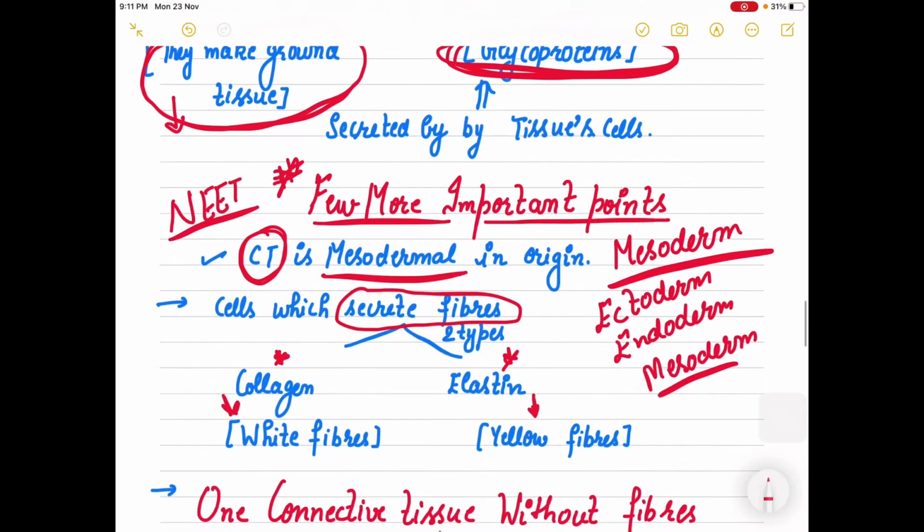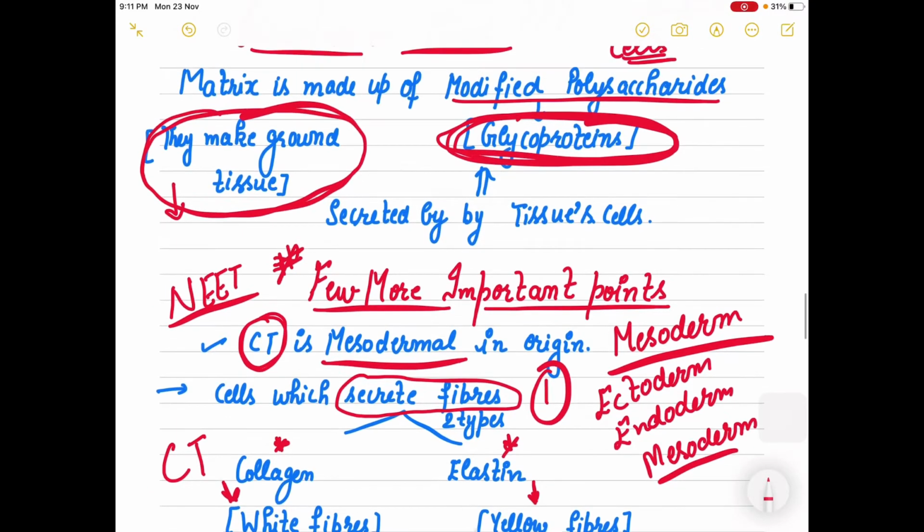So there are cells in connective tissue which secrete fibers, and there are cells which secrete glycoproteins, which make the ground substance, or you call it the matrix.